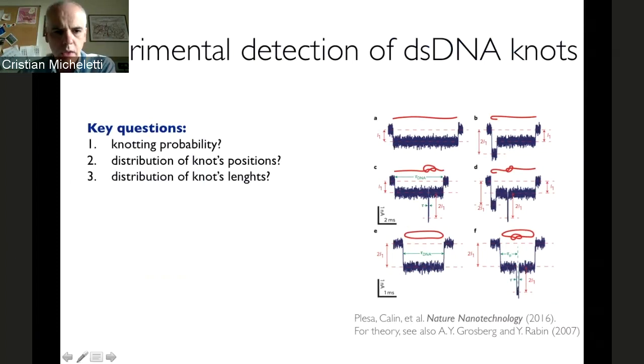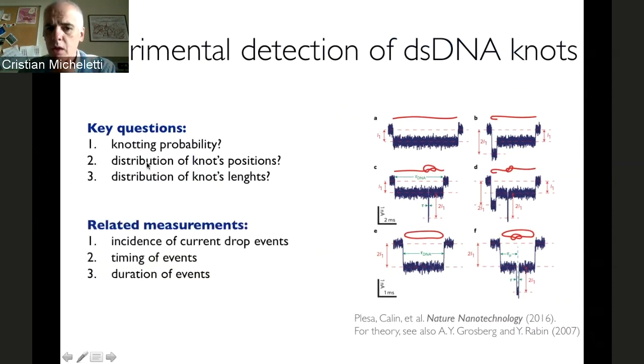So you can answer the question, what is the knotting probability? But then other interesting questions that you can address are, where is the knot located on the chains that you translocate? Is it more in the middle, equiprobable throughout the chain, more probable towards the end? And also, what is the distribution of the lengths of the knots that you record?